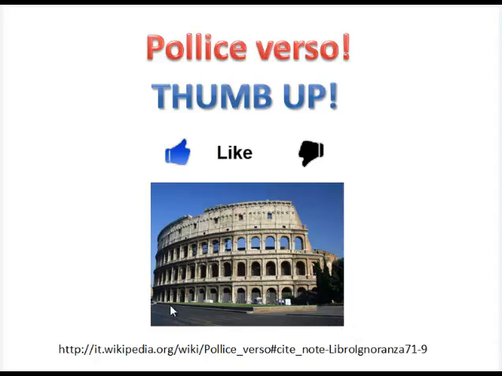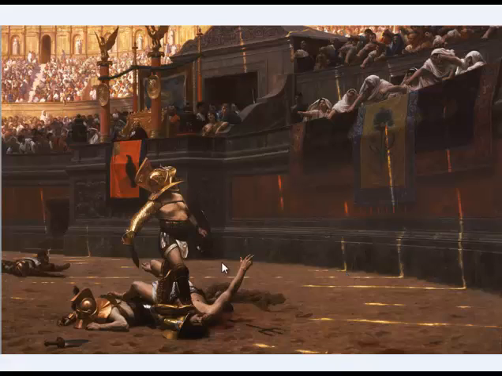There were gladiators, and you know that gladiators were condemned to death with the gesture of the hand. A simple gesture of the hand could decide them to live or to die.